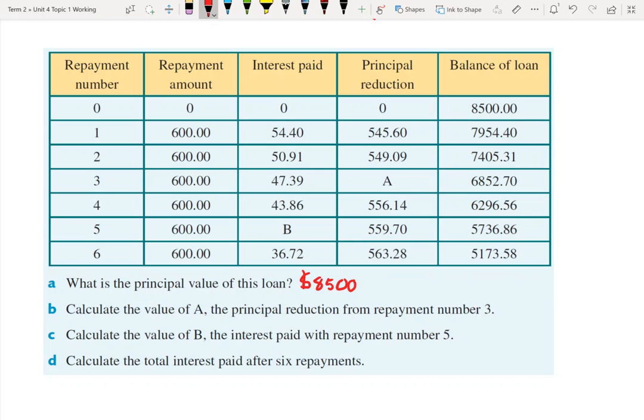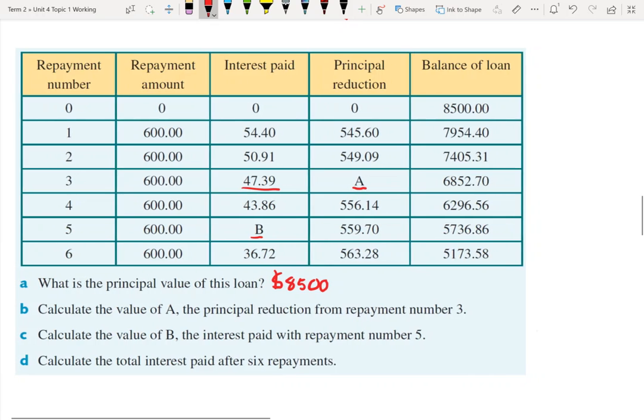So we're trying to find this A value here. Then we're going to find B. So we'll talk about those two first. So let's have a look. In this third repayment, we're paying off $600, but this interest period, we have earned $47.39 of interest.